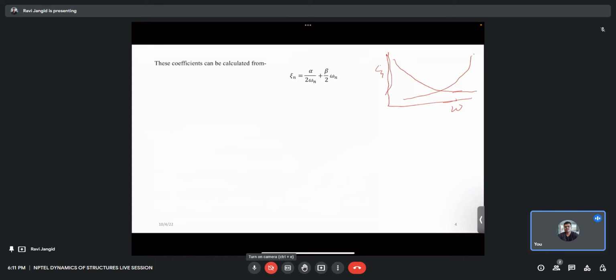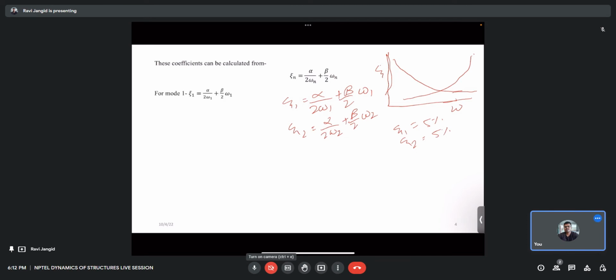So we have been given the damping for the first and the second mode: xi 1 is given as 5%, xi 2 is given as 5%. So we can write the equations as xi 1 is equal to alpha by 2 omega 1 plus beta omega 1 by 2, and xi 2 is equal to alpha by 2 omega 2 plus beta omega 2 by 2. Okay, so we have two equations and two unknowns, so we can find them easily.